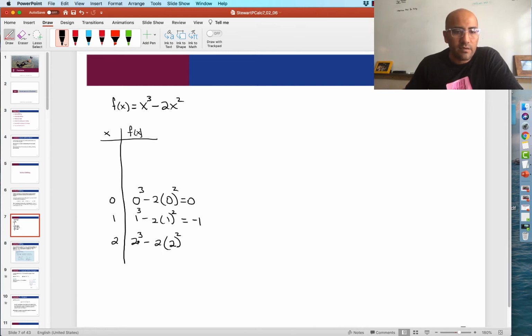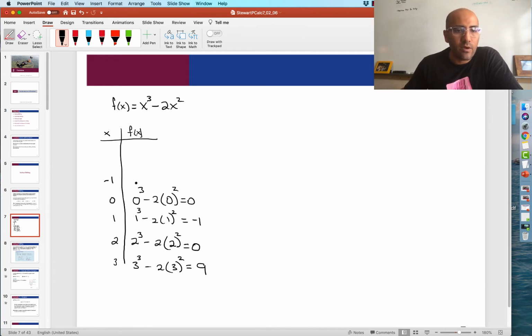That's going to be 8 minus 4 times 2 is 8, so this whole thing just becomes 0. Let's do a couple more. Put a 3 there, and then it becomes 3 cubed minus 2 times 3 squared, which becomes 9 times 2 is 18. 27 minus 18 is 9. Good.